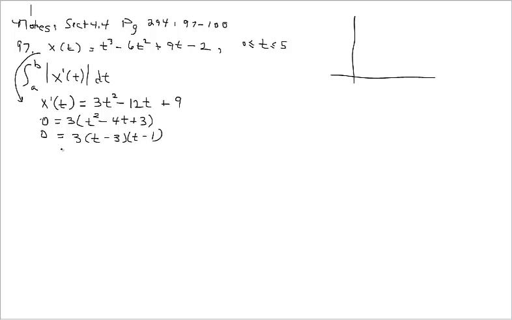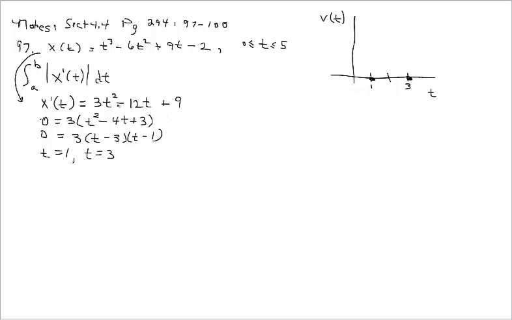Setting each of these two variable factors equal to 0, I'm going to get 2 times at which the velocity, the derivative, is 0. Okay, so this is my velocity equation, and it's velocity versus time. So at time equals 1 and time equals 3, my velocity is 0. So I know the particle's at rest at those 2 times.